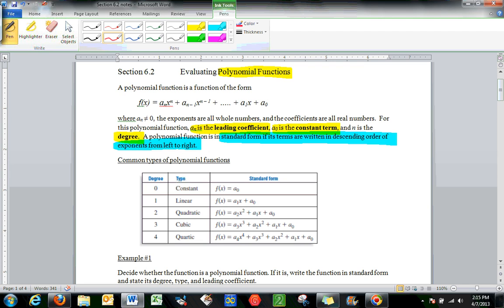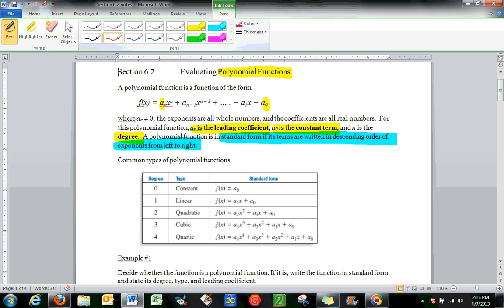So you can see each of these terms discussed here. So remember, leading coefficient, and if we look at the leading coefficient, it is the number that is in front of the highest degree variable. The constant term is the value at the end of the expression that does not have a variable associated with it, so it's just a number.